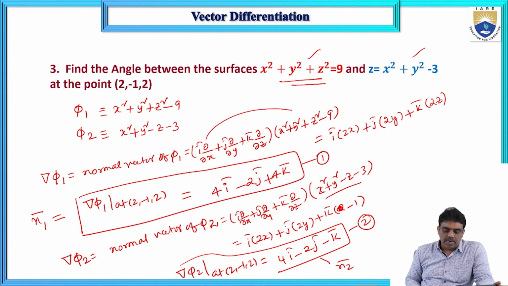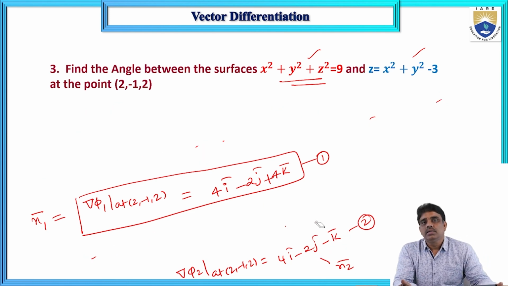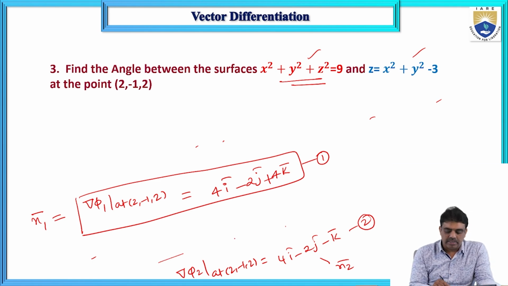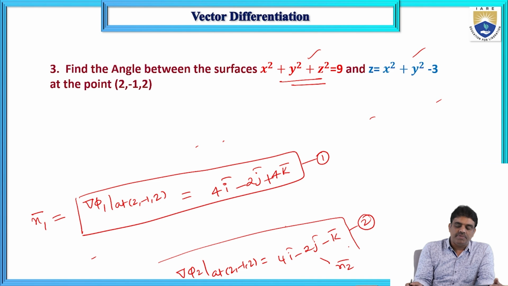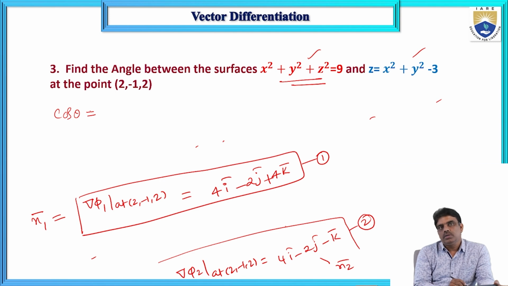Here we have two vectors. One is the normal vector to the first surface, and the second vector is the normal to the second function. Then the angle between the two vectors we have to calculate.